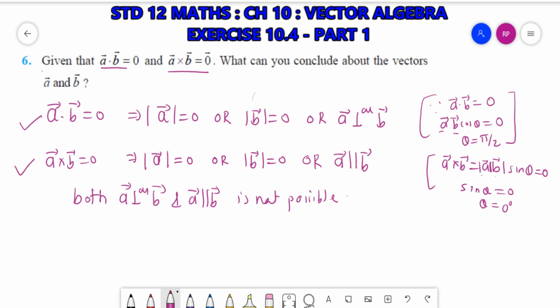So this implies that the magnitude of vector A is equal to 0, or the magnitude of vector B is equal to 0, or both can be 0. Clear? So when A dot B equals 0 and A cross B equals 0, the magnitude of at least one of the vectors will be equal to 0. Clear? So this was about question number 6. So just note it down.